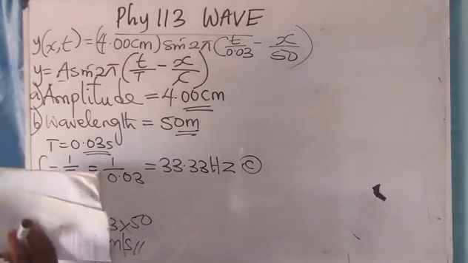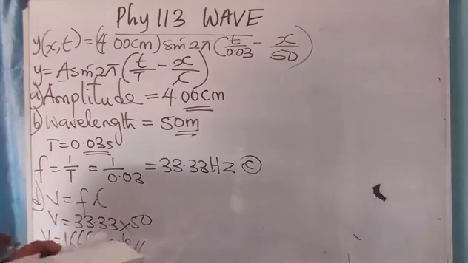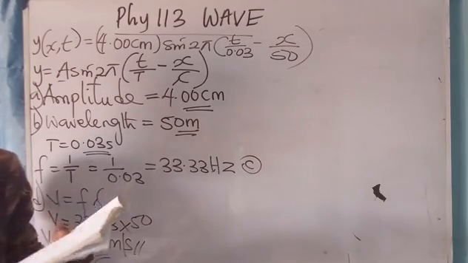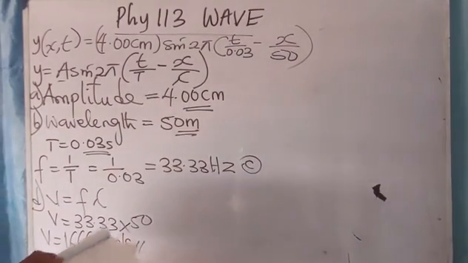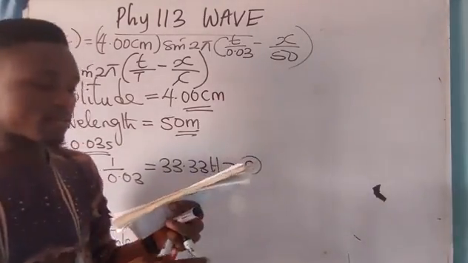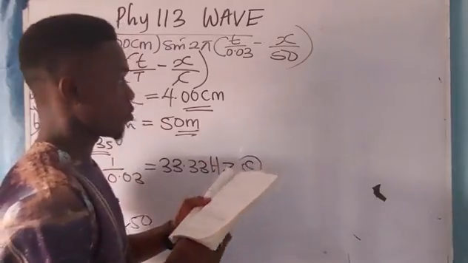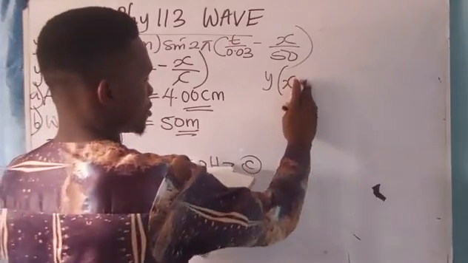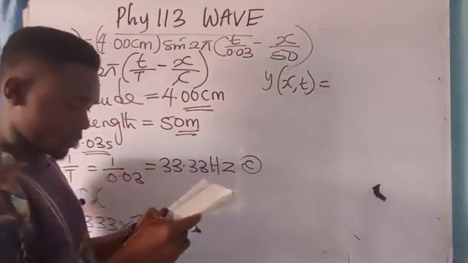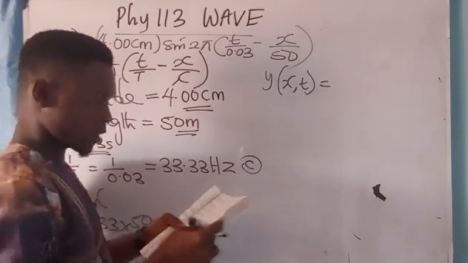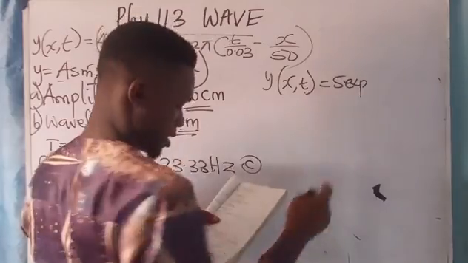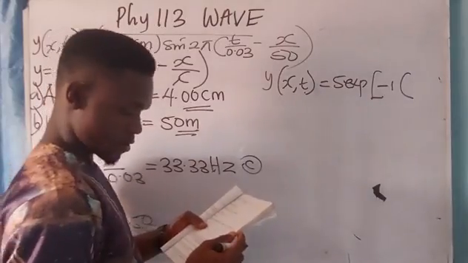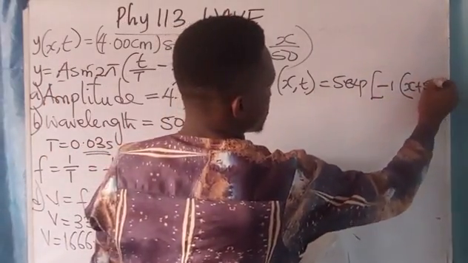Now number two. They said a wave moving along the x-axis is described by y(x,t) equals 5 exponent open brackets minus 1 open brackets x plus 5t.